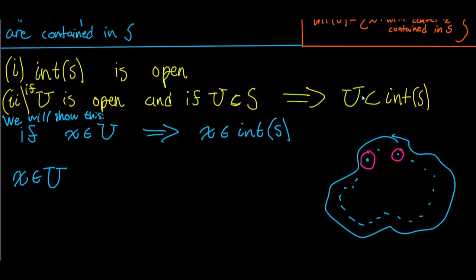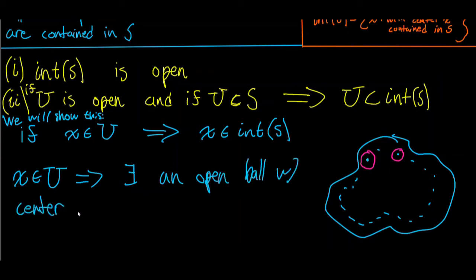So if X is in U, and since U is open, then that implies, by definition, that there exists an open ball with center X, I'll call it BX, but this is a different BX from what I did before, so don't get confused and mix it up with what we did in part 1. This is entirely independent of part 1.